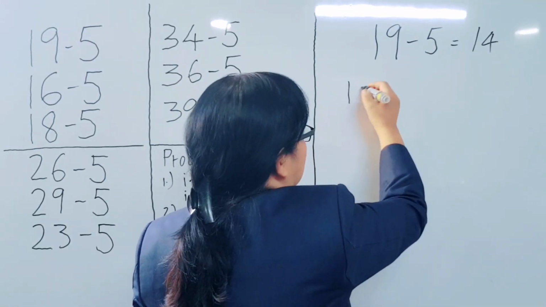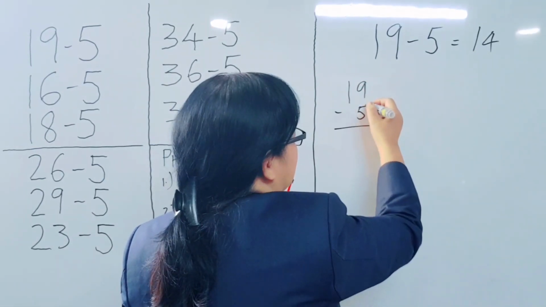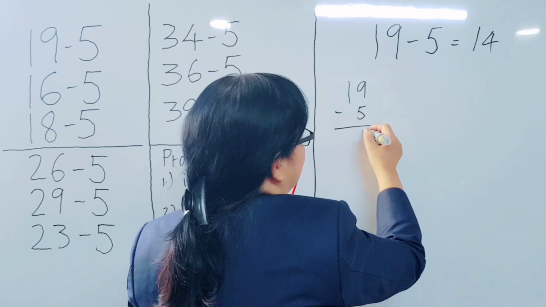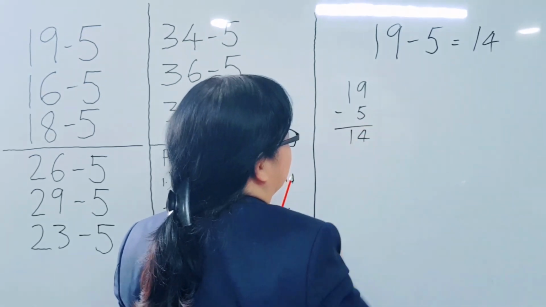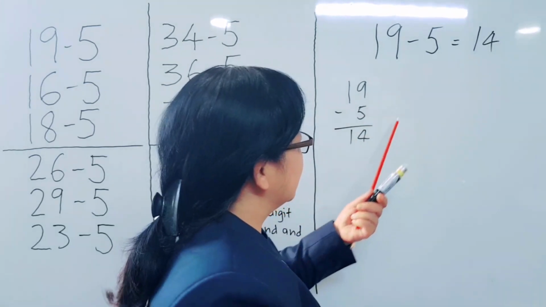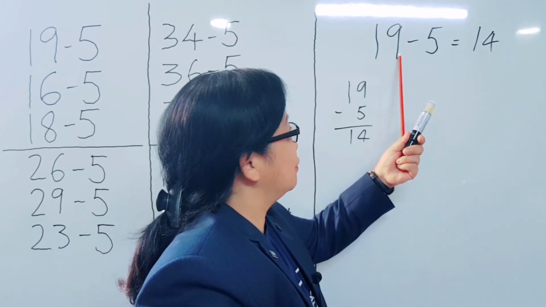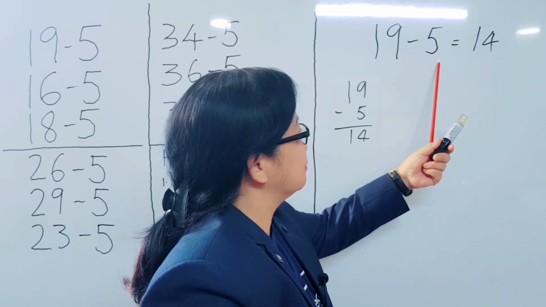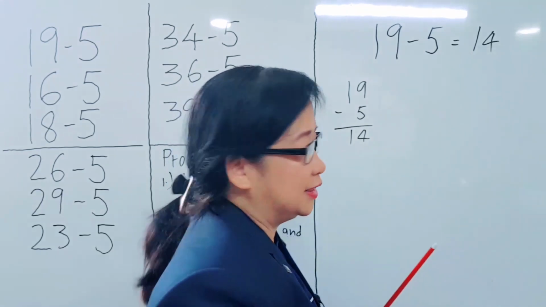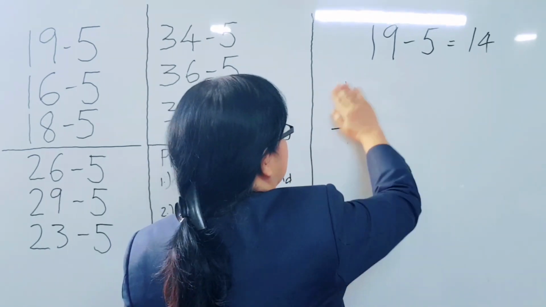Usually, we solve it like this: 19 minus 5 is equal to 14. But the other method is to just add the ones digit, 9 plus 5, which is equal to 14. Now, this is the first example.